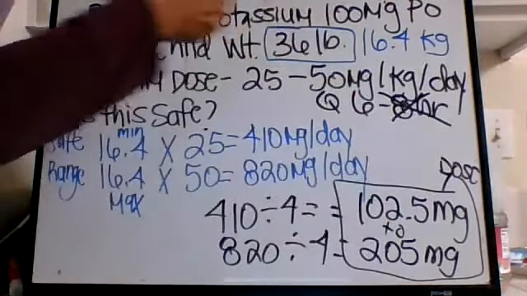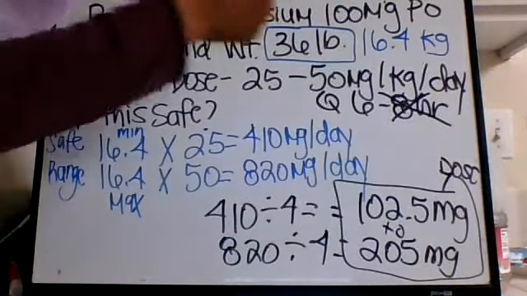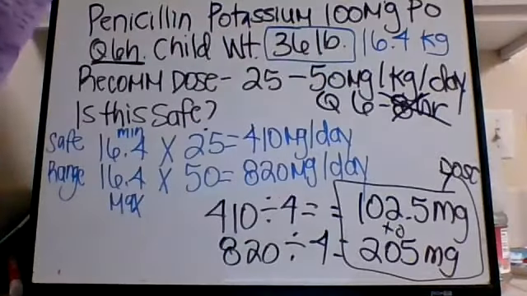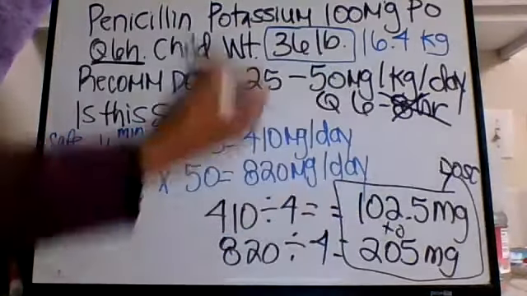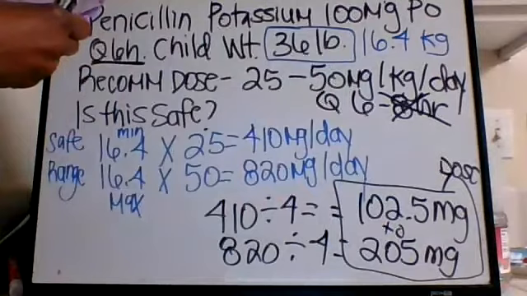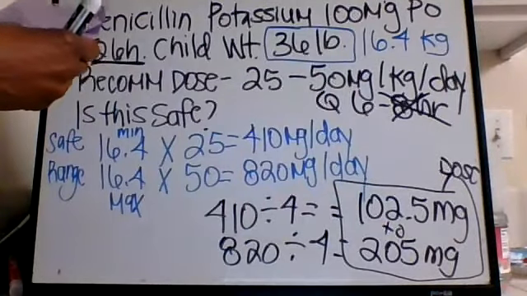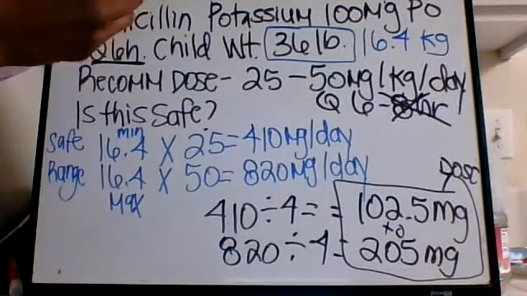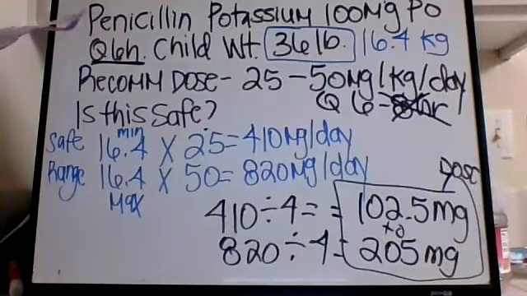This does not fall within the safe dosage range. It's actually not enough, okay? So we cannot administer it. We notify the doctor for this particular order, okay? So that's it for this one. Okay, so let me erase this one and go on to the last one.